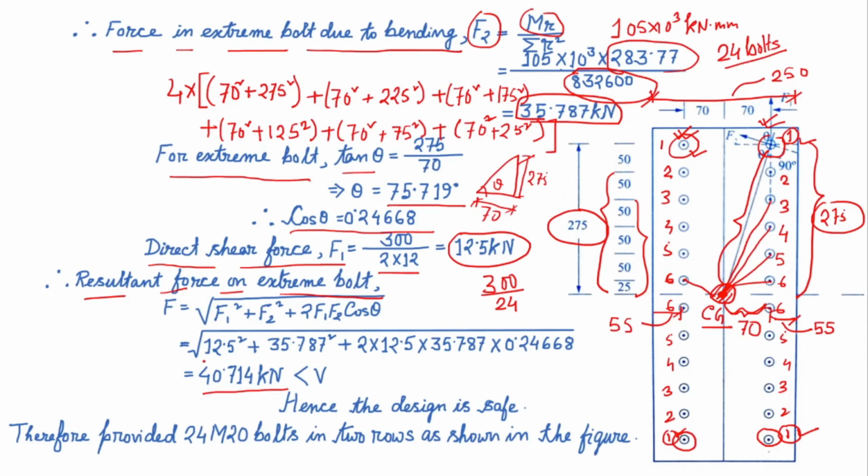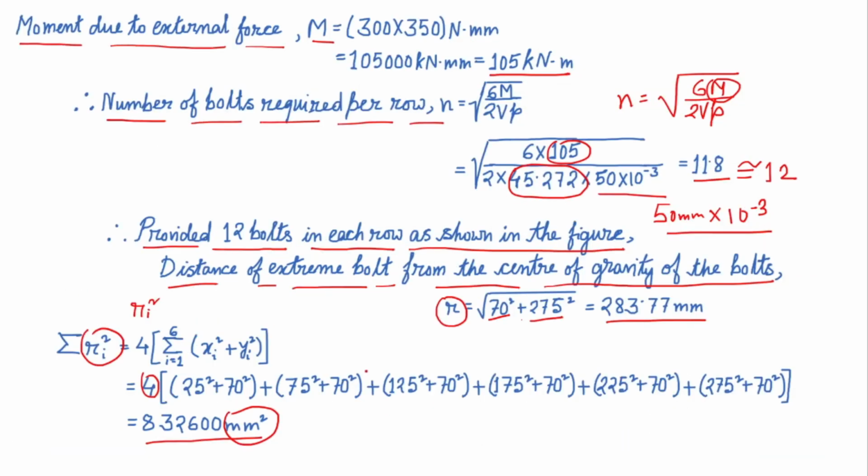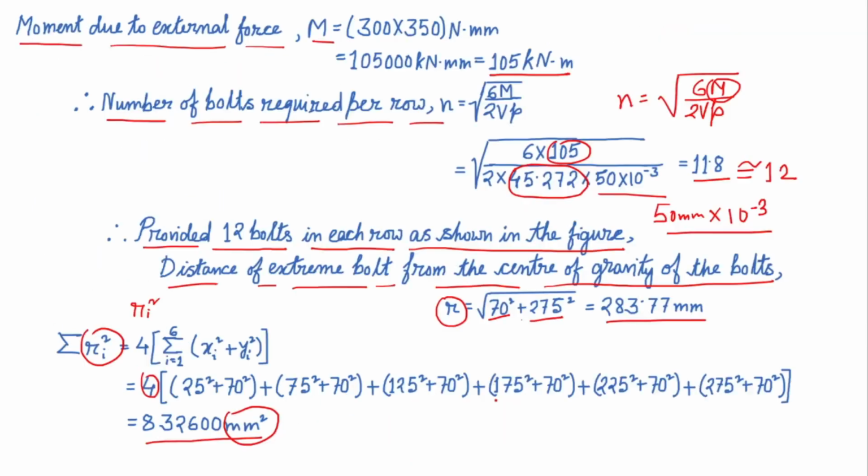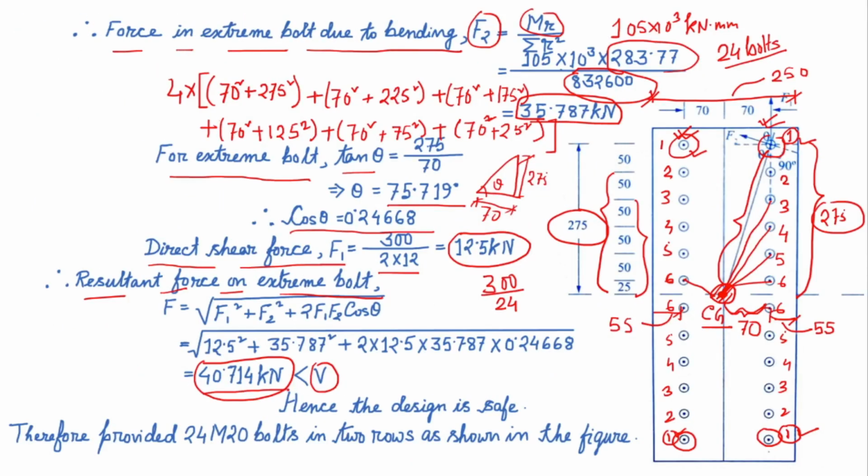So the force is 40.714 kilonewton and it is less than V. So what is V here? This is V, 45.272 kilonewton.